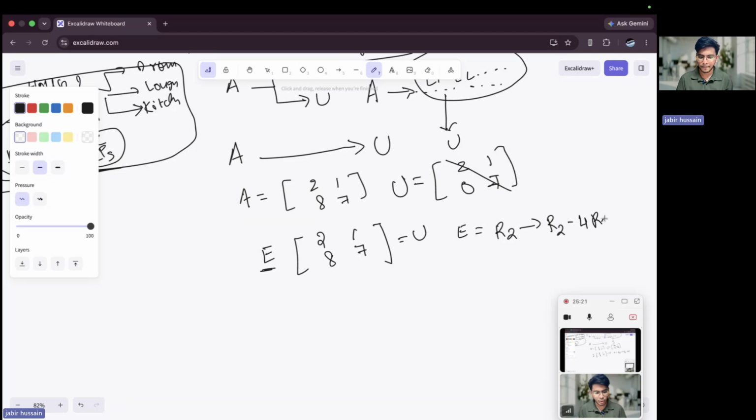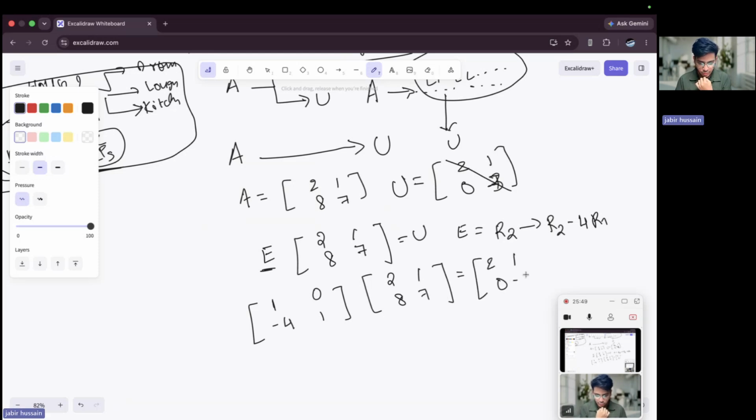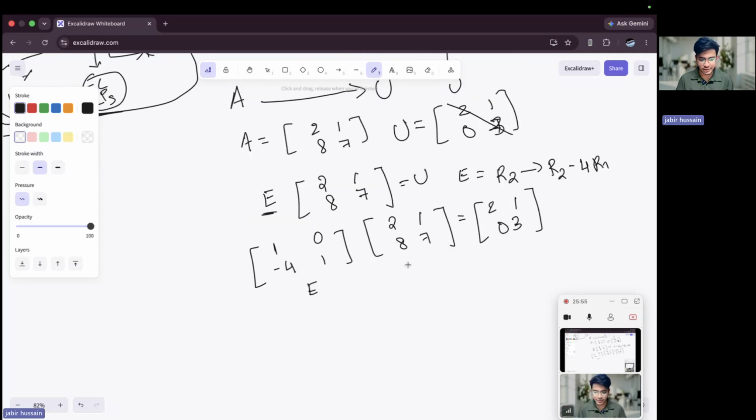The elimination matrix would be 1 0 and minus 4 1, and this gives me 2 8 and 0 3. So this is my E, this is my A, and this is my U.